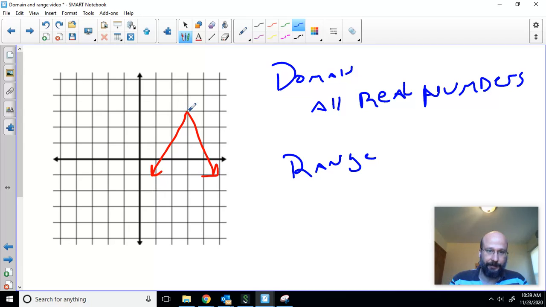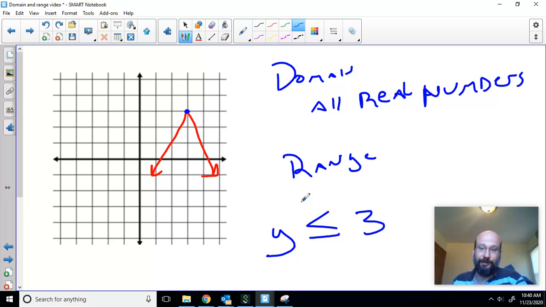Where is it starting? It looks like it's starting here. At this point, this is the highest point, right? It's starting here, it's going down. So on the y, this point is +3. So is your range all the numbers less than 3 or all the numbers greater than 3? Of course, since the arrow is pointing down, that means your range starts at 3 and it's everything less than or equal to 3 because it's going down.